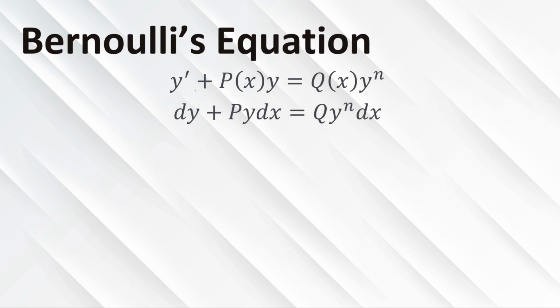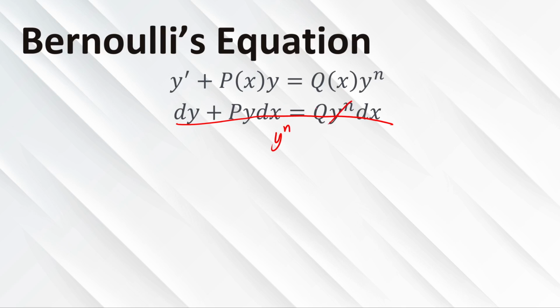Kapag nire-write natin siya as this equation, dy plus py dx equals q y raised to n dx, we can divide lahat ng equation by y raised to n, para lang may matirang q dx doon sa right side. And if we do so, magkakaroon tayo ng y raised to negative n, kasi if we divide by y raised to n, makakancel siya dito. However, dun sa left side, magkakaroon siya ng y raised to n, pero nasa ibaba nga lang.